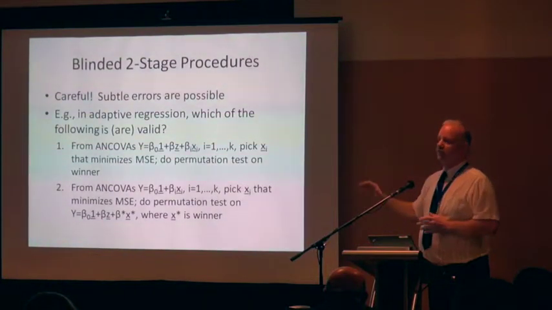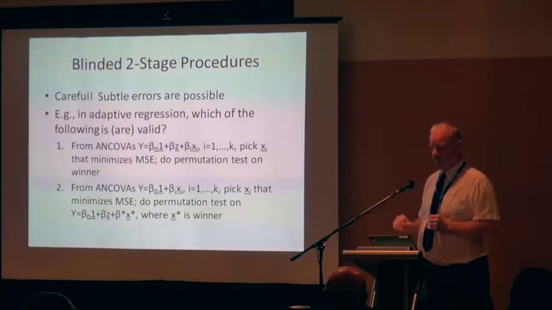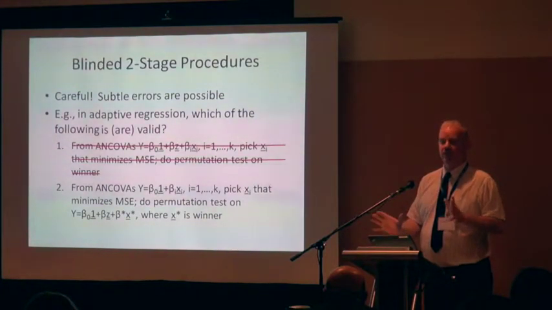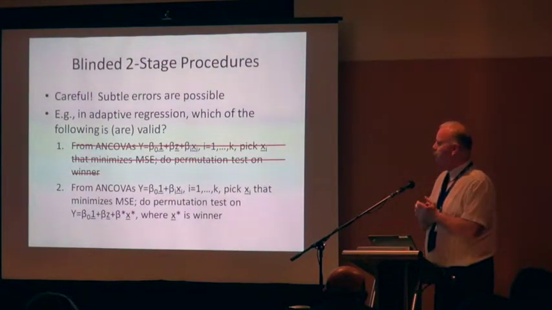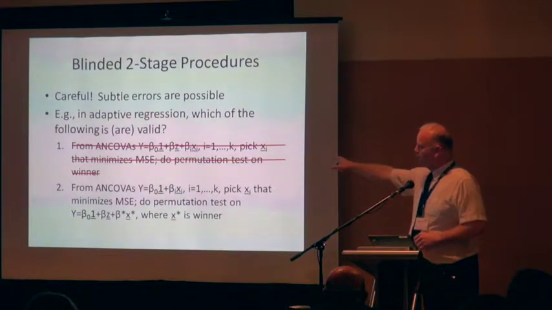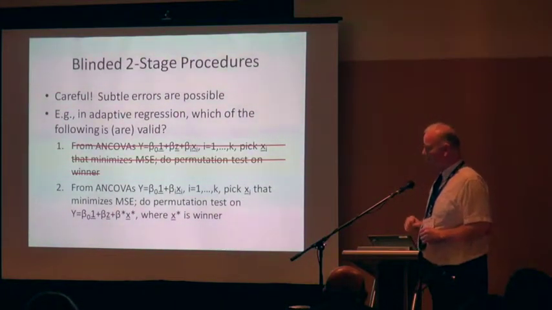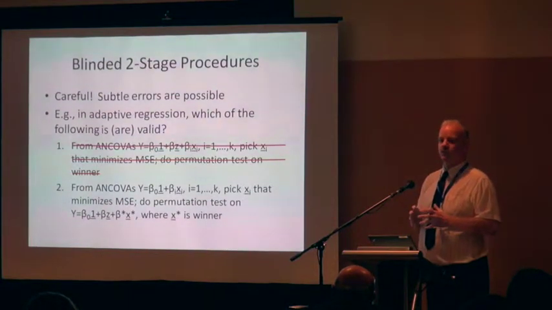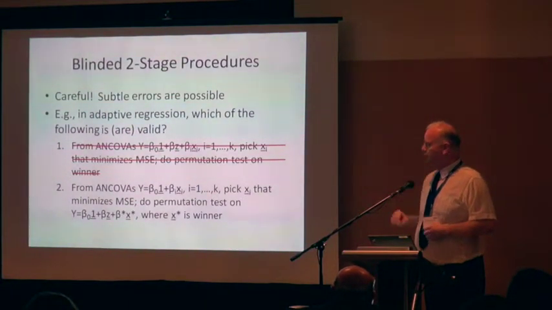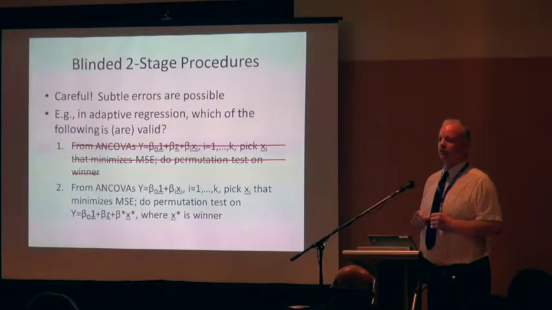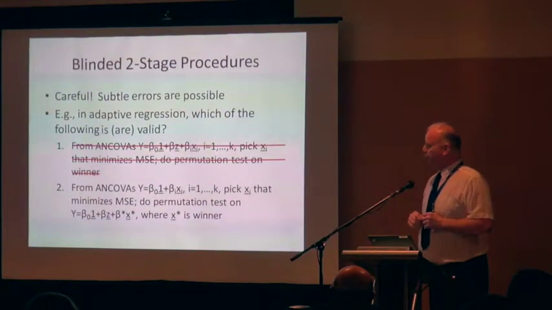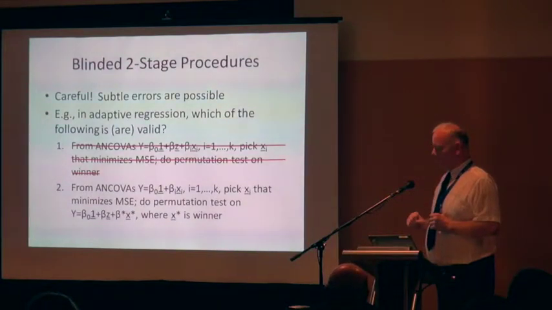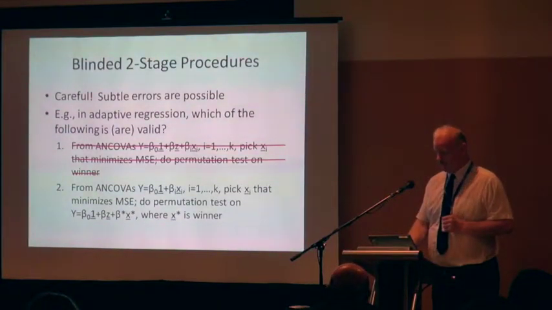You might think that either of these is valid, but in fact, and maybe you don't think that if you're used to doing permutation tests, this first method is not valid, because in order to do that first method, you have to see the treatment labels, since you're including Z, the treatment indicators, in that regression. So that would not be a valid method of doing this adaptive regression.